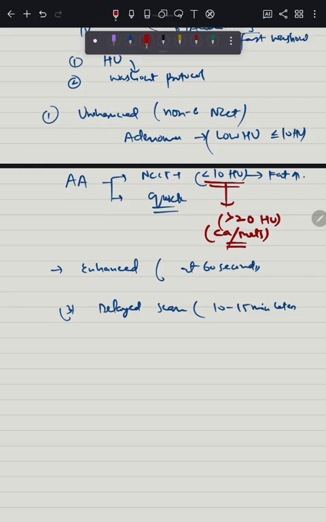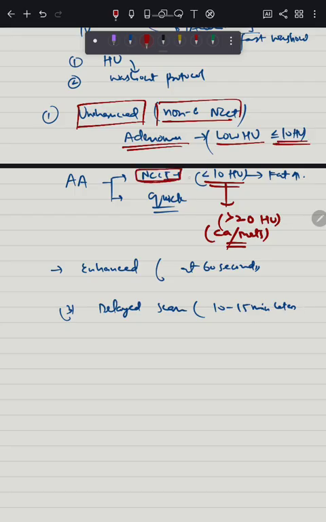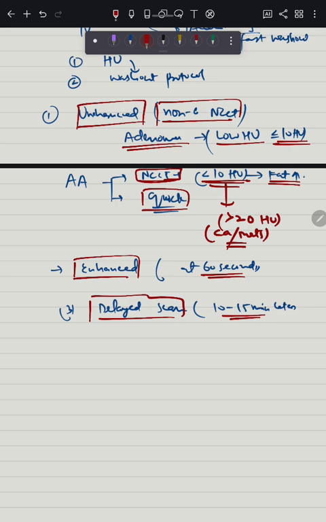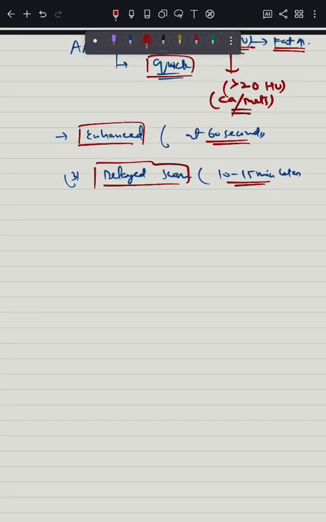One is unenhanced CT, also called NCCT, and adenoma will have low Hounsfield units, less than 10, because of fat. Washout will be quick. Second comes the enhanced part, third comes the delayed scan. Enhanced is done at 60 seconds, delayed is done at 10 to 15 minutes later. Now how do we calculate washout?